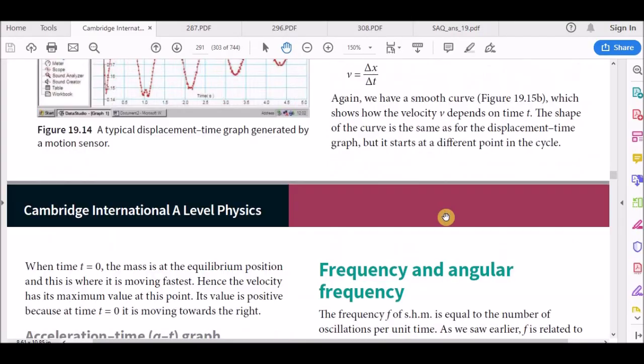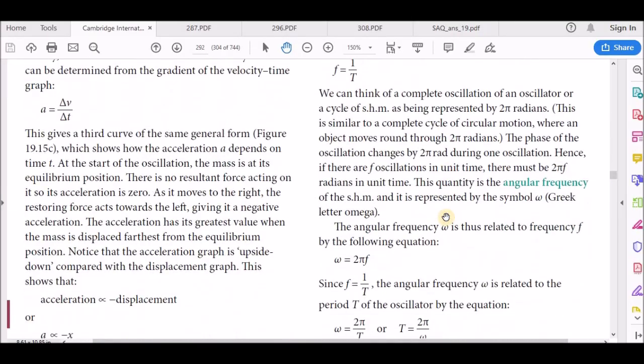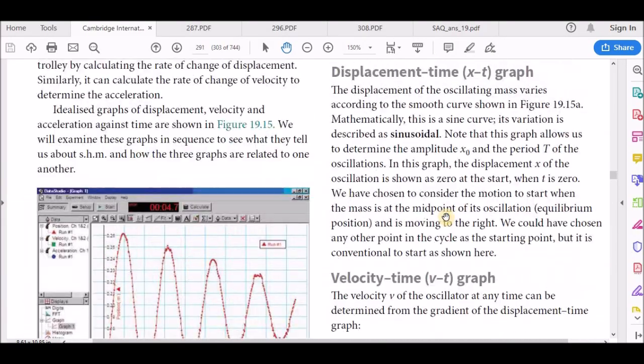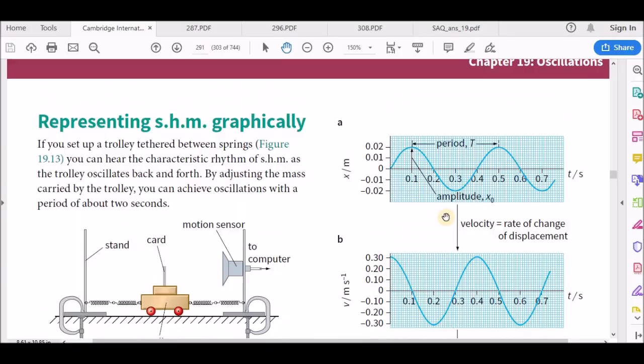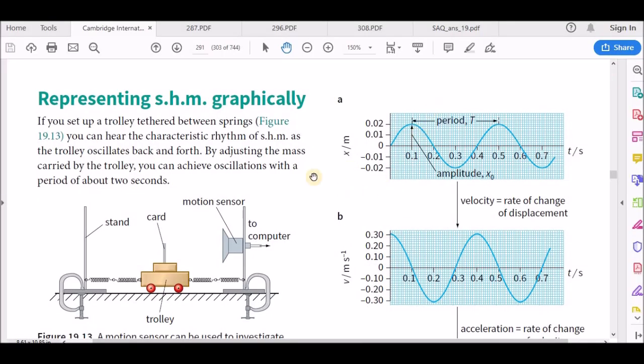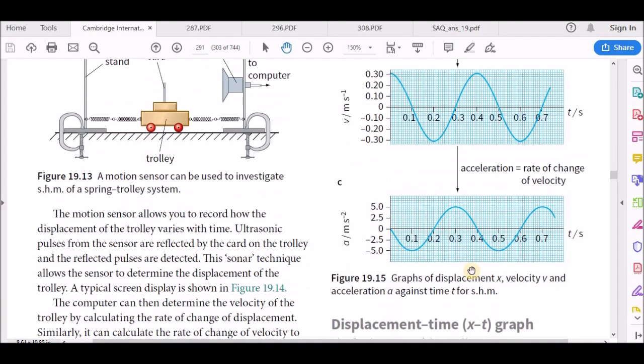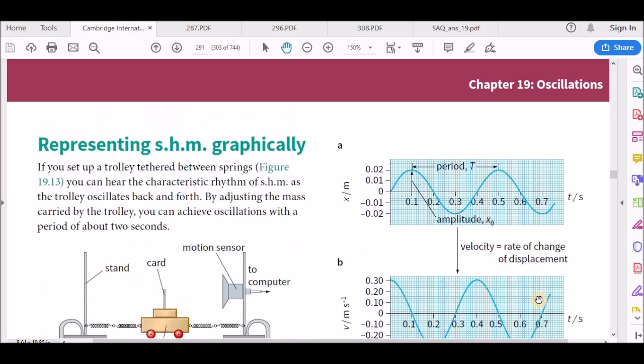So we are going to learn about these three graphs now. I have already explained this part when I was explaining the spring-mass system earlier. Graphs of displacement x, velocity v and acceleration a against time t for simple harmonic motion.